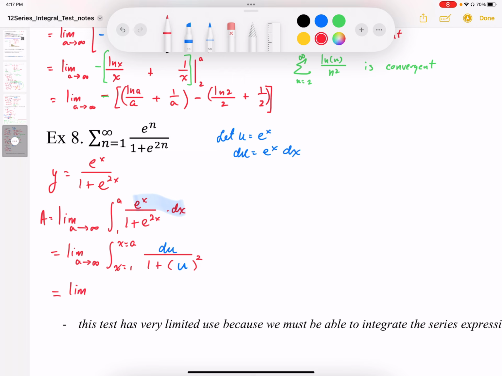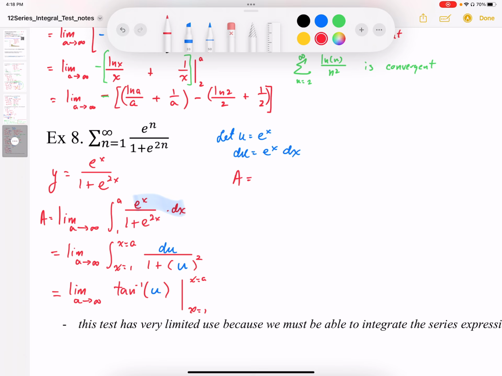So then we end up with the limit as a approaches infinity. This is going to be arctan of u. And the bounds of integration are going to be from x equals 1 to x equals a, since we're still in terms of u.